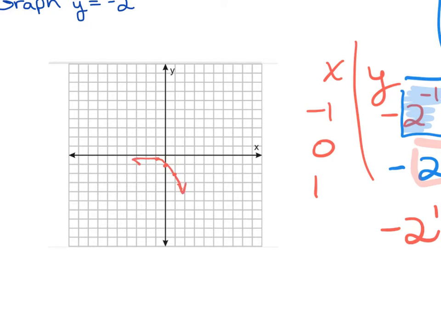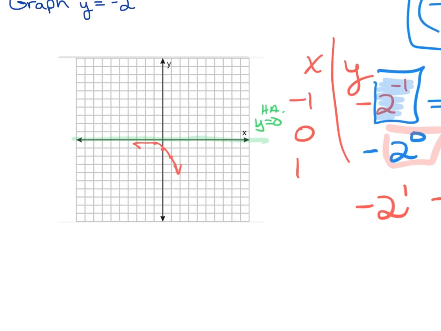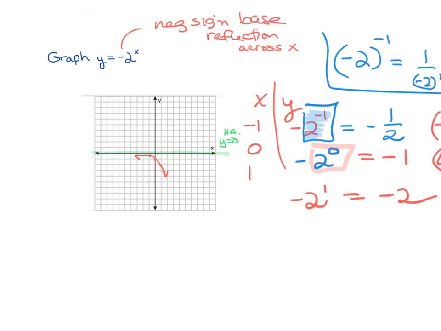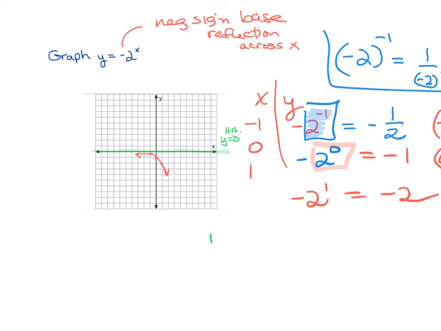notice you still have the horizontal asymptote. It's just been reflected. y = 0 is the horizontal asymptote. So if you were to have just done y = 2 to the x, then you would have gotten these ordered pairs.